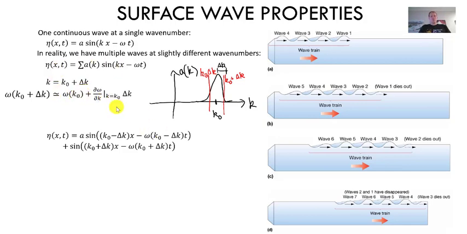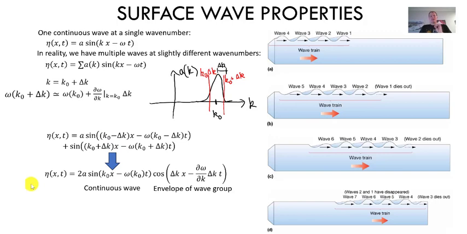And if you plug that in here for omega at k0 minus delta k and omega at k0 plus delta k, and remember some of your trig identities, you can show, it's a good exercise for you, that this comes out in this form here.